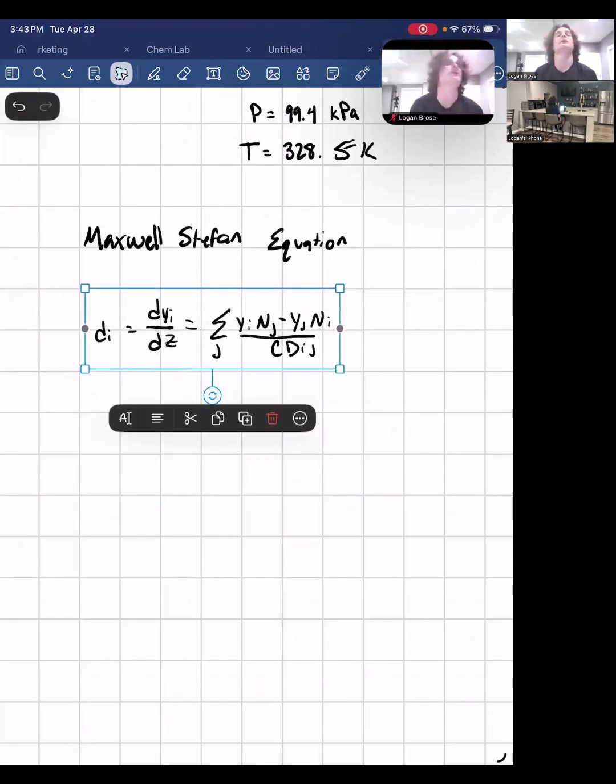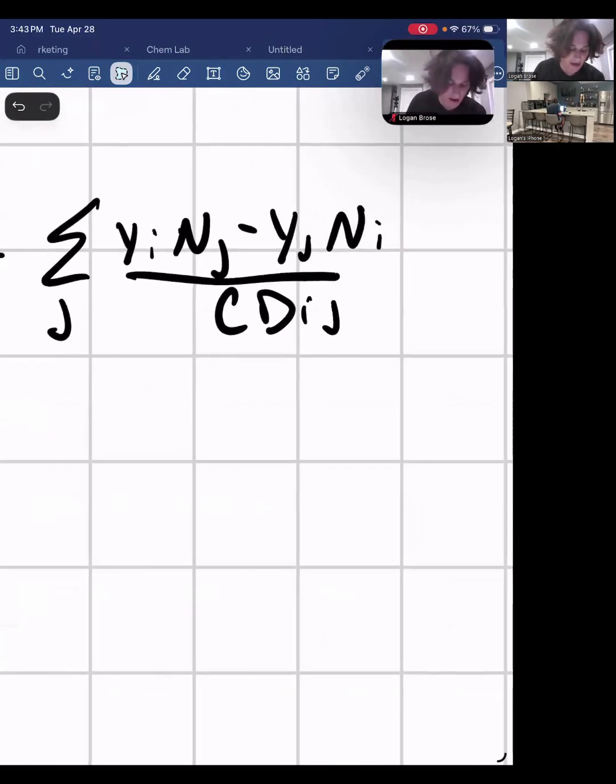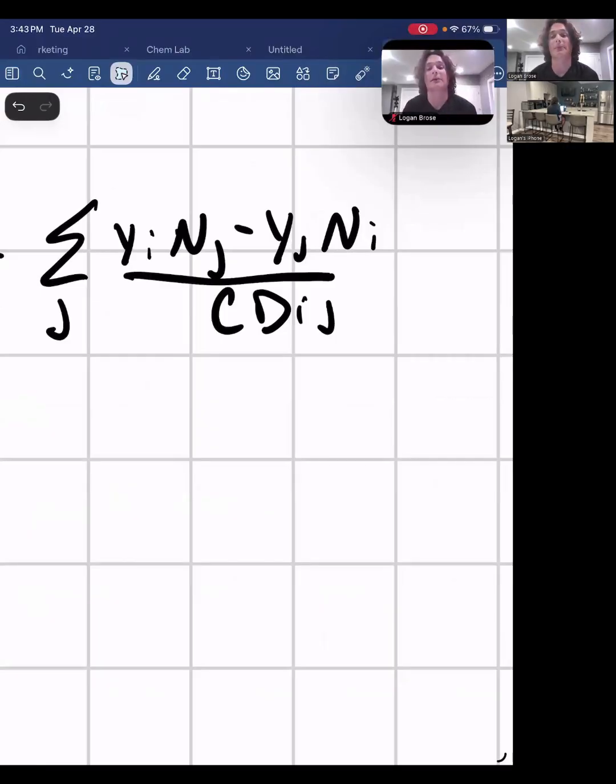We did this in homework 3, part D, and we got this equation, where our y is multiplied by the opposite flux, so our yi is multiplied by yj.